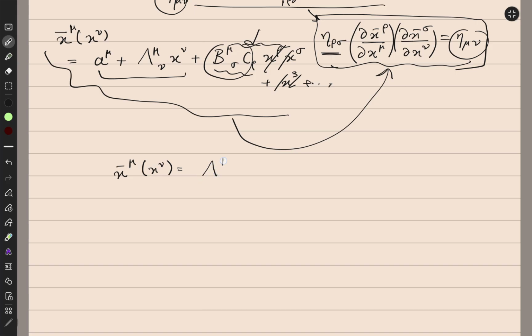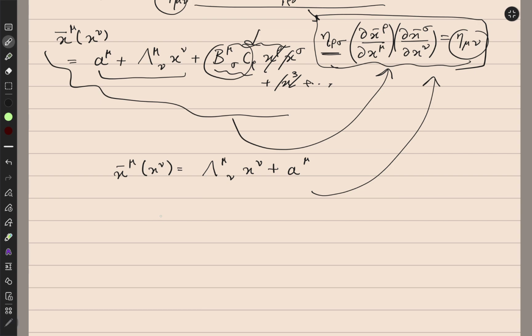x̄^μ = Λ^μ_ν x^ν plus some constant shift a^μ. This Λ is called the Lorentz transformation matrix, and if you plug this condition back in, you'll be able to find the condition on how this lambda transforms.